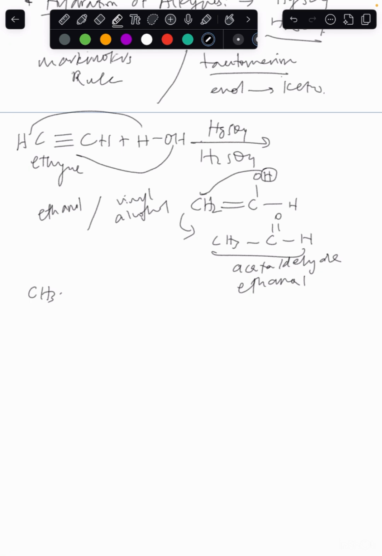Now if we have a propyl group over here, and then we add water to it, what will happen is the H is going to follow Markovnikov's rule. It will attach to that carbon which already has a greater number of H, and this will attach over here.